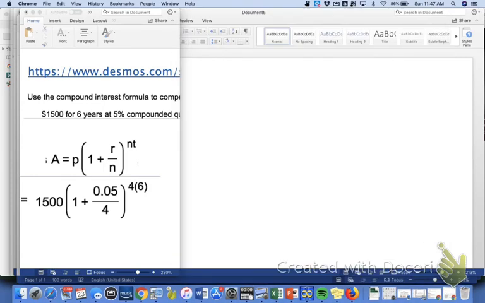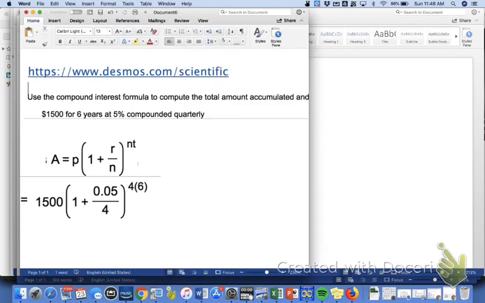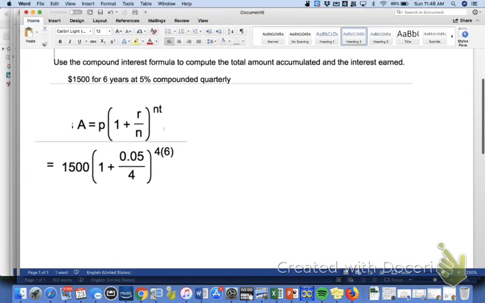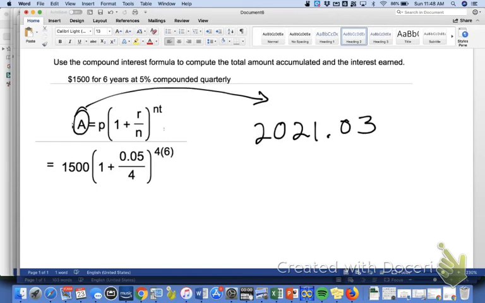Now, I want to go back to the problem really quickly so that we can discuss what exactly that answer means that I just calculated. I do still want to actually finish the problem itself. So what we just calculated with that formula was A, the amount of money that we had at the end of those 6 years.